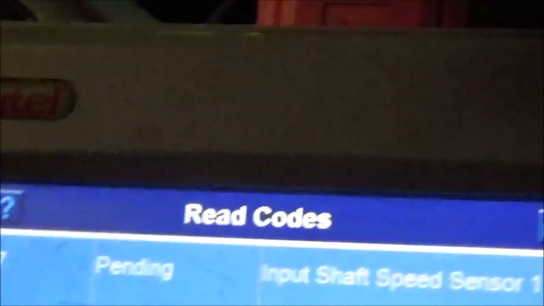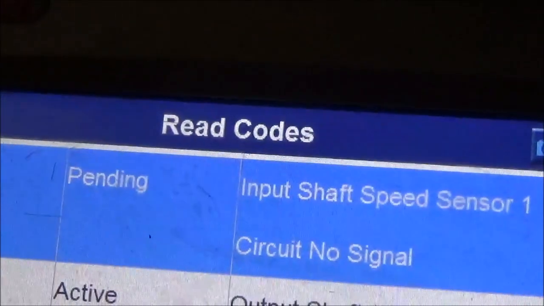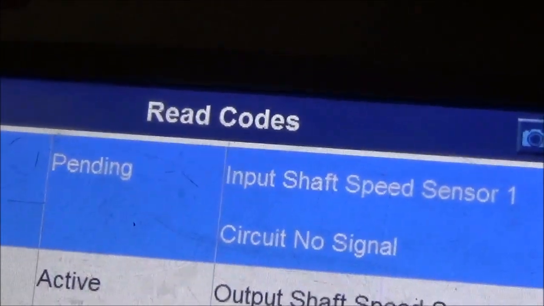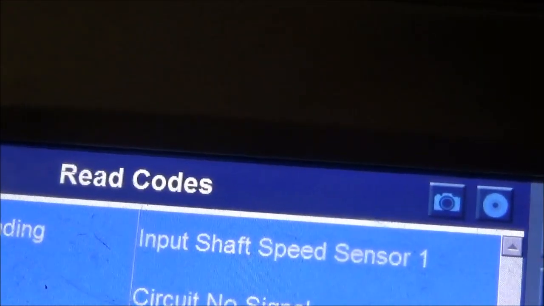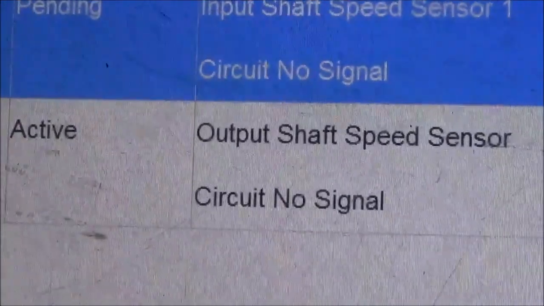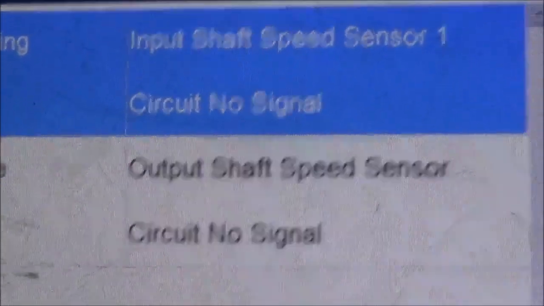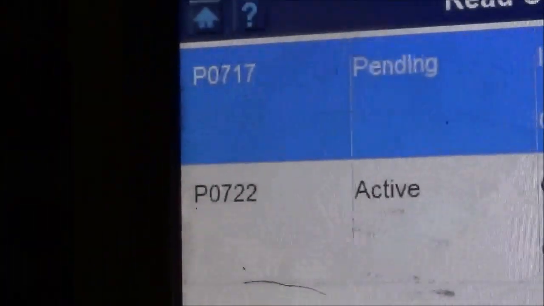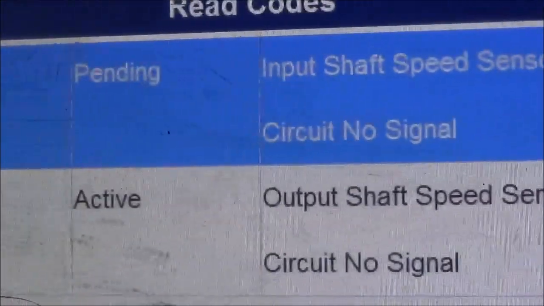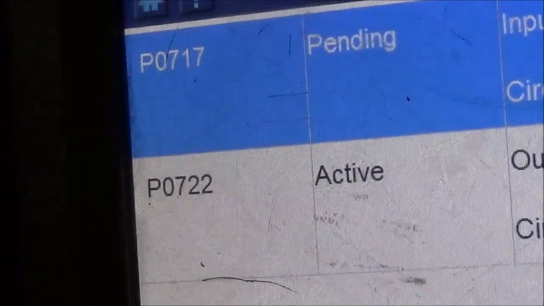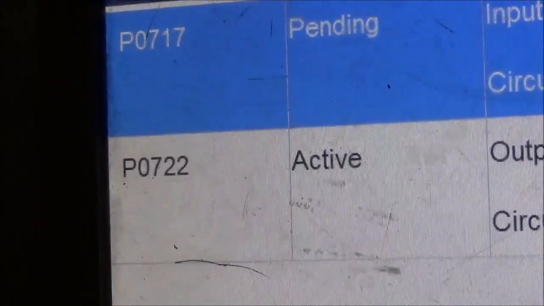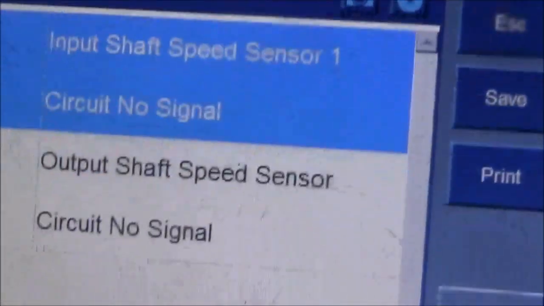Like maybe gear ratio problem, but it's not in gear, it's not moving. I don't know what they would have called it that would have made more sense rather than circuit. But here you have it. Broken belt causes P0717, P0722.